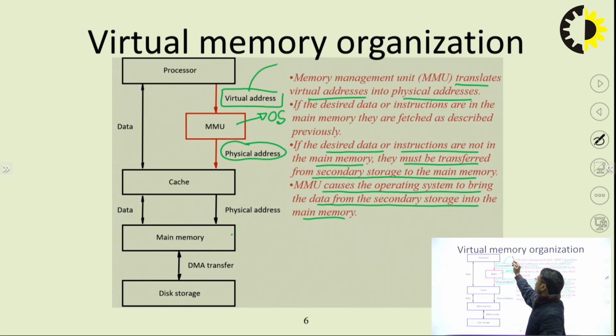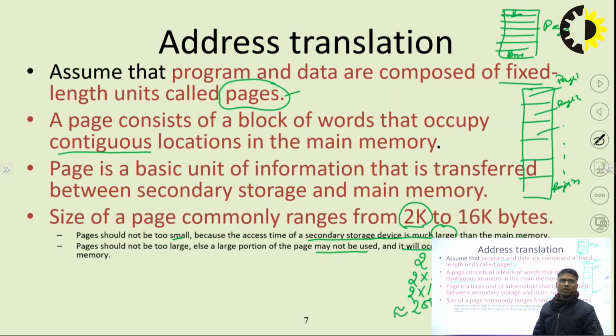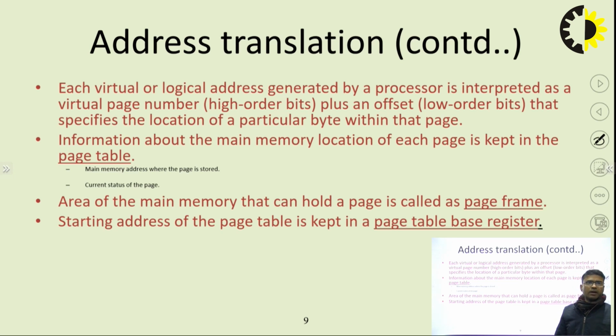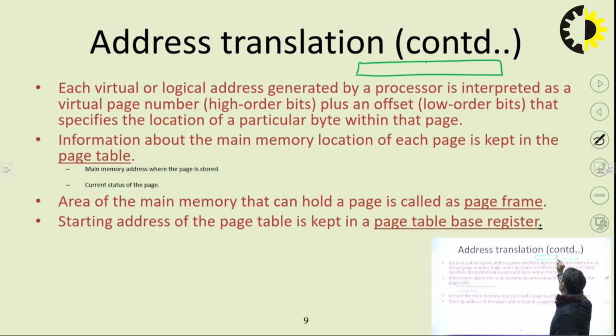The virtual address is divided into two parts: the higher order bits, which are the virtual page number, and the second part, the lower order bits, which is known as the offset. The offset is the particular byte position in a particular page.